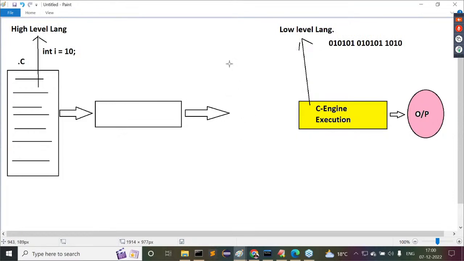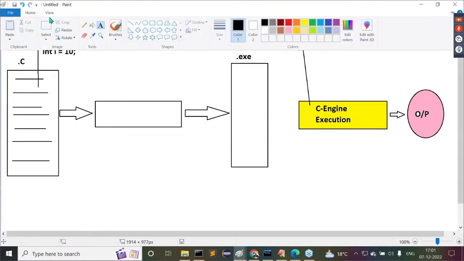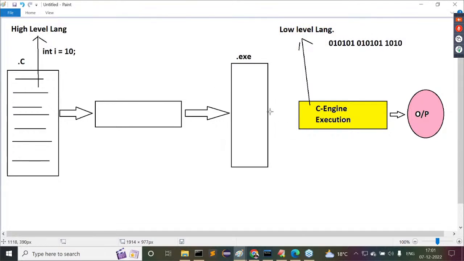That low level program will be provided in a separate file. In the case of C, that file is called the .exe file. Whenever we get this .exe file, we can provide the .exe file to the C engine. That C engine will execute our program and finally generate some output here.